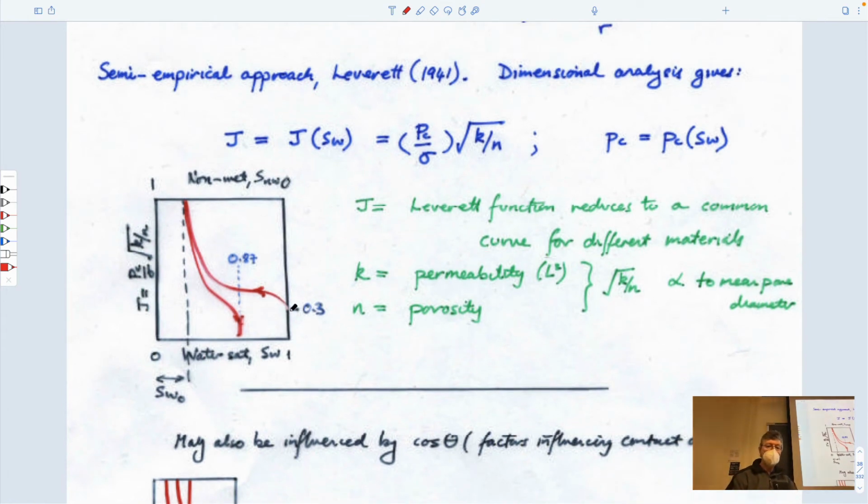The idea is that if you look at this figure here, it looks a bit like the two curves that we drew down the notes a little bit. We have the same features for these. We have an irreducible saturation of water. We have an irreducible saturation of the non-wetting fluid, this point here, where this intersects here and this intersects here.